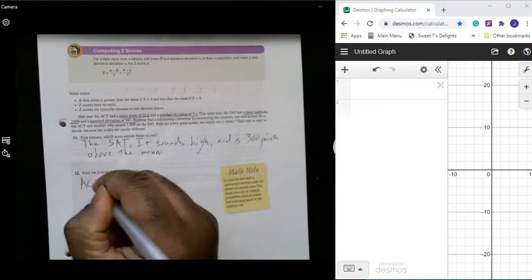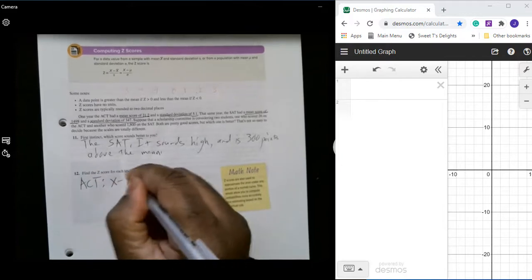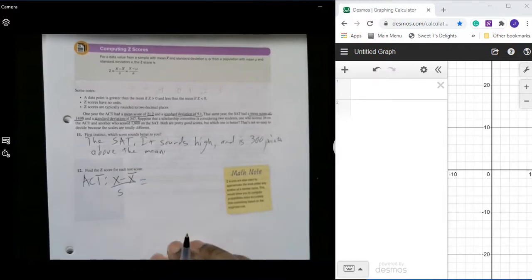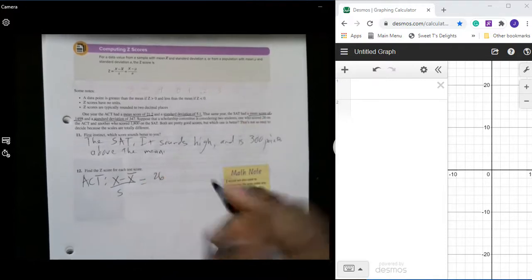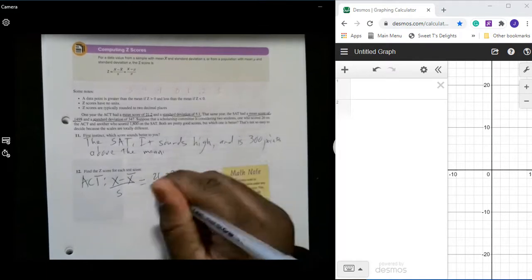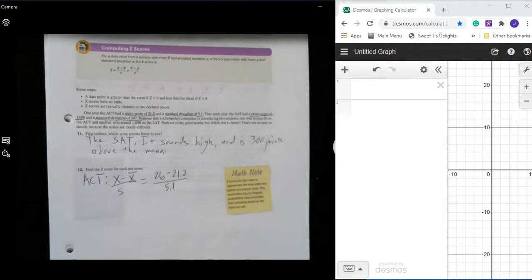So we'll take the ACT. So we have x minus the mean all over s. So the value here, the ACT was a 26, minus its mean was 21.2, and the standard deviation is 5.1.